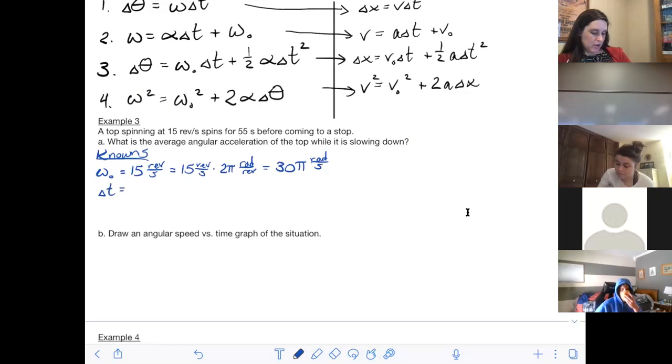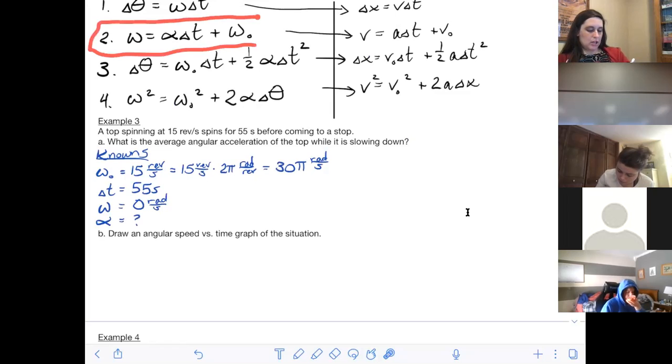Time it takes to slow down is 55 seconds. It comes to a stop. So my final angular velocity is 0 radians per second. And we want to know what is the average angular acceleration. So if I look at all the knowns that I have, I can identify that all of those knowns are in the equation right here.